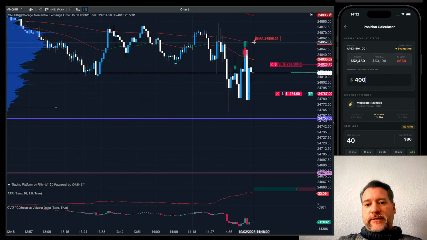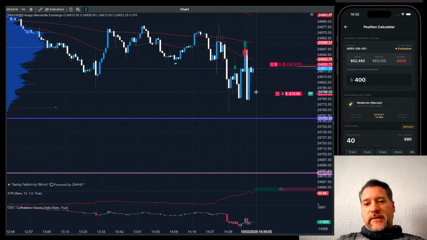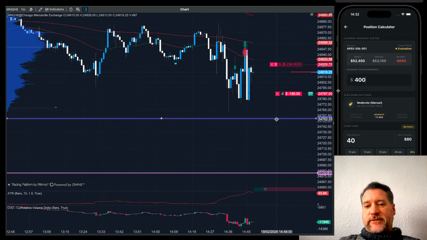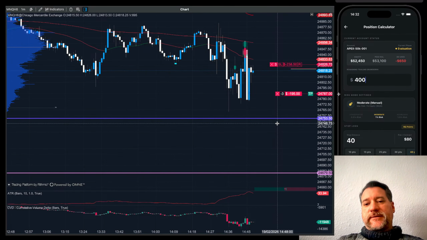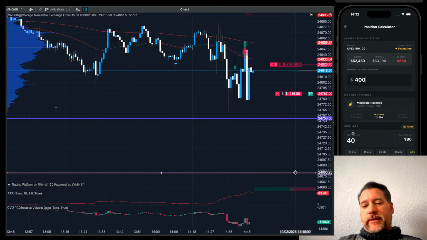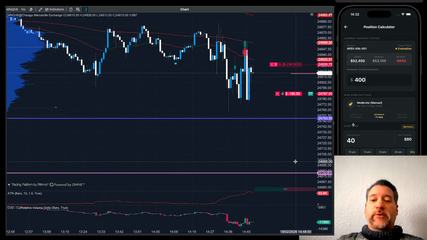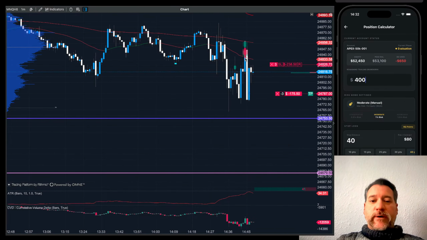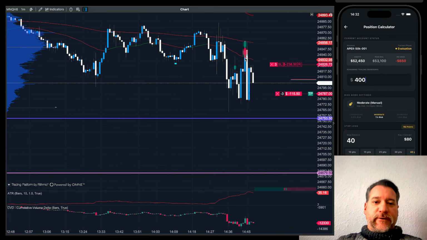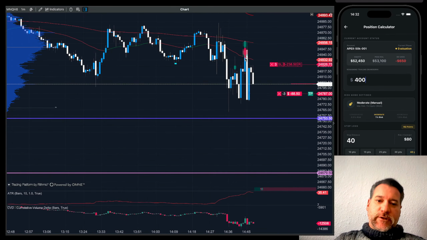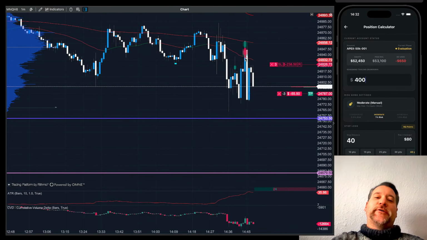Short again, aiming for this low, okay, to the breakout around this area. Just take one partial and continue down to this area, which is the previous VWAP. That will be my trade if I'm targeting the downside. And the trend is still very, very bearish.